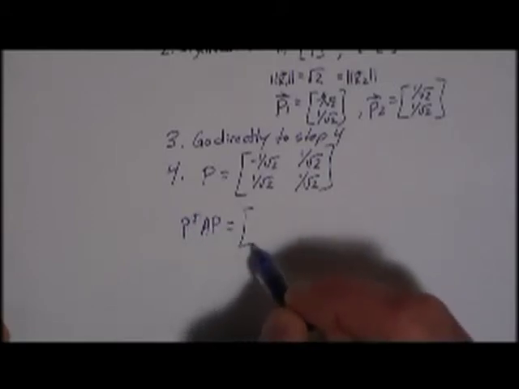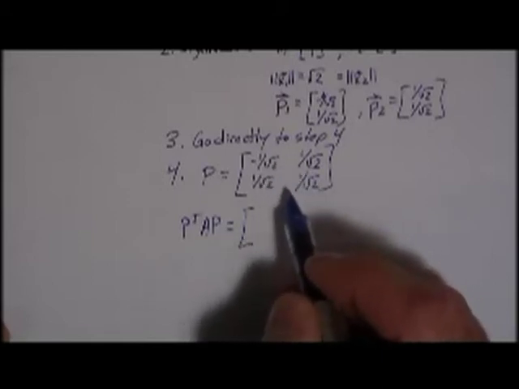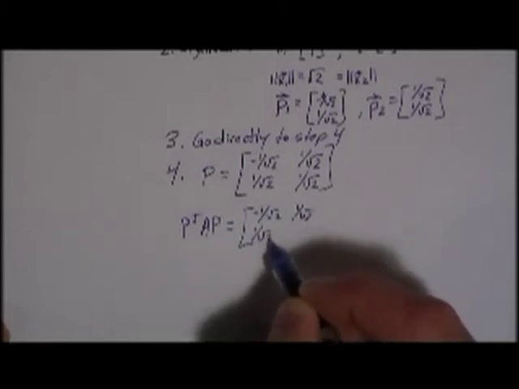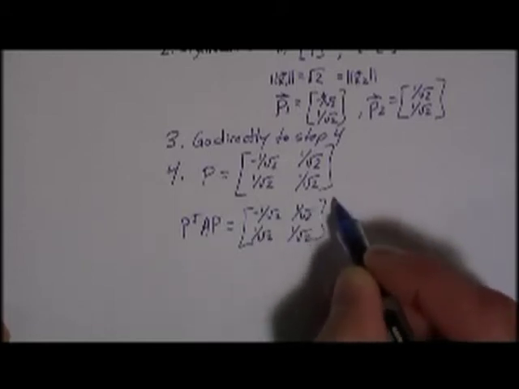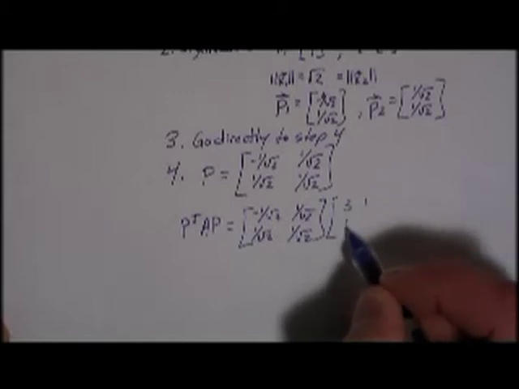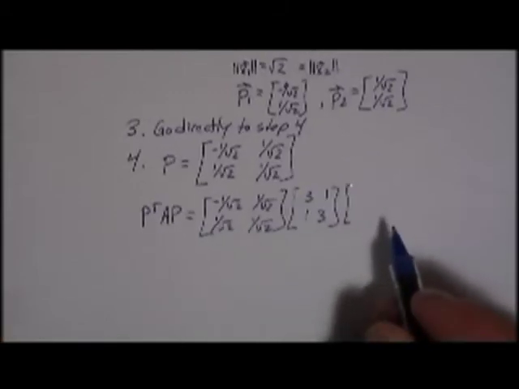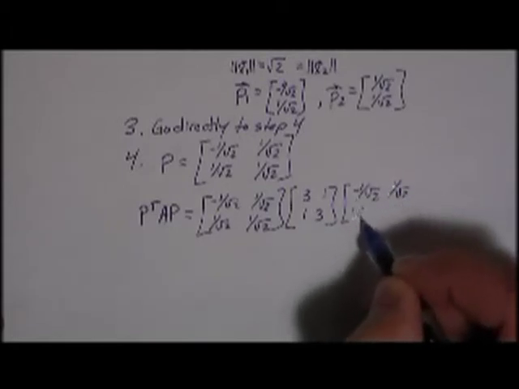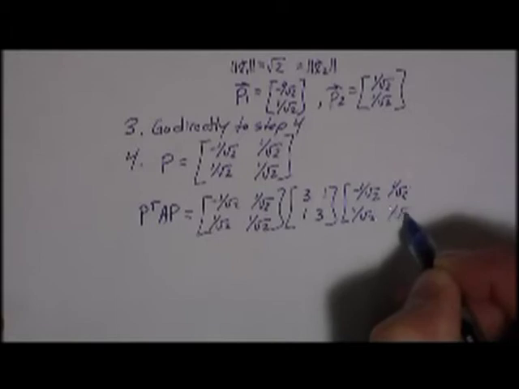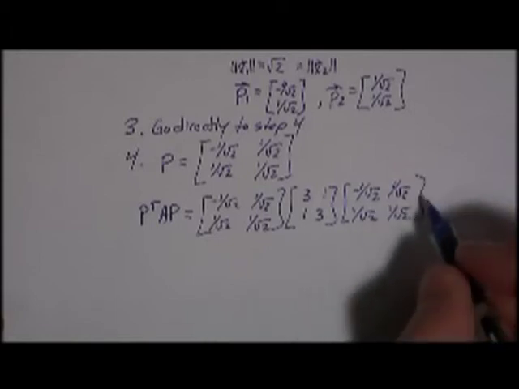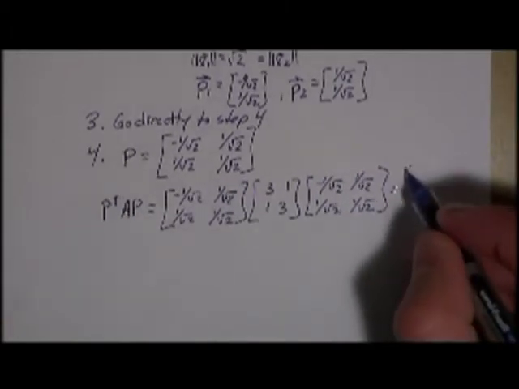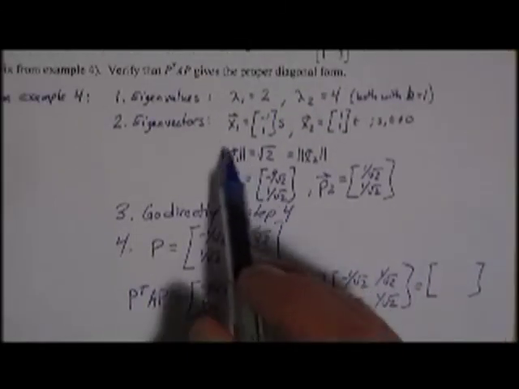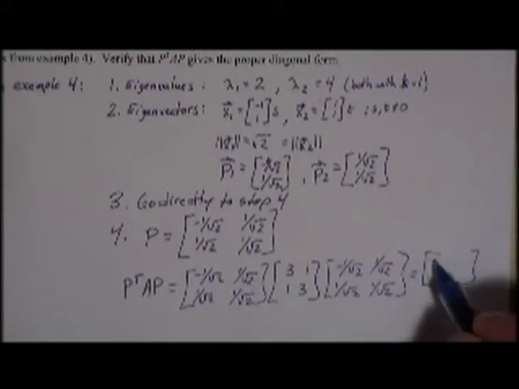So P transpose, if I take the transpose of this, I get itself. The A matrix was 3, 1, 1, 3 times the P matrix, and if I multiply all those out I should get a diagonal matrix, and not just any diagonal matrix but the diagonal matrix with the 2 original eigenvalues down the main diagonal.